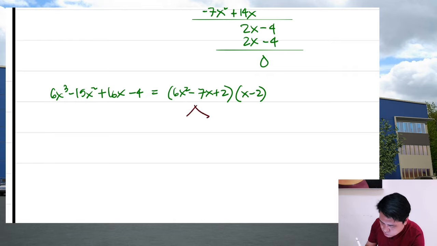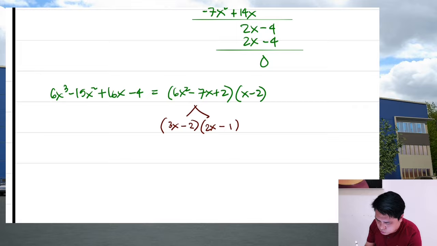This is still factorable to 3x, 2x, then factors of positive 2 are 2 and 1, and I think this would be 2 and this would be 1, because 2 times 2 is 4, negative 4, negative 1 times 3 is negative 3, negative 4 plus negative 3 is negative 7.